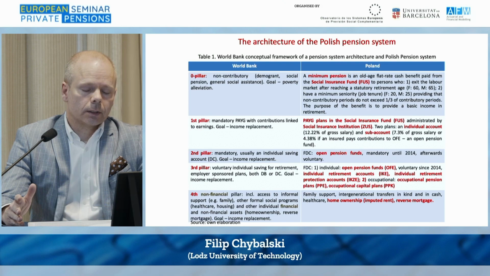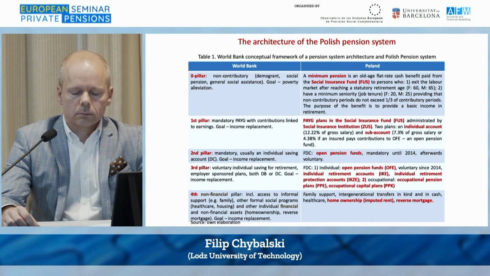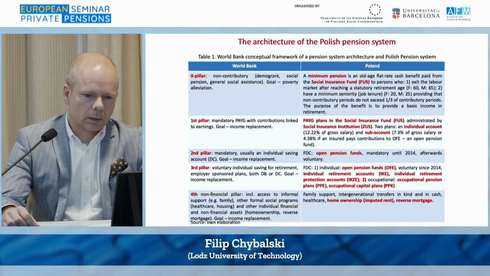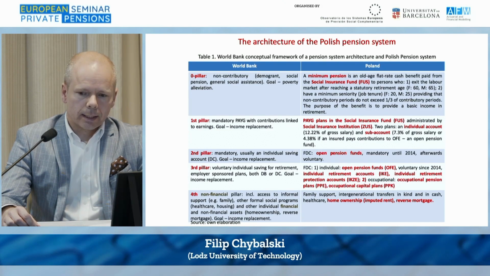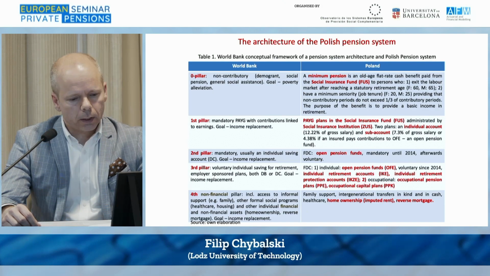So I think that it will be not only our problem, I refer to Poland, but the problem of many other countries, that the main focus of the pension system, or the main goal of the pension system, will be to protect against poverty.